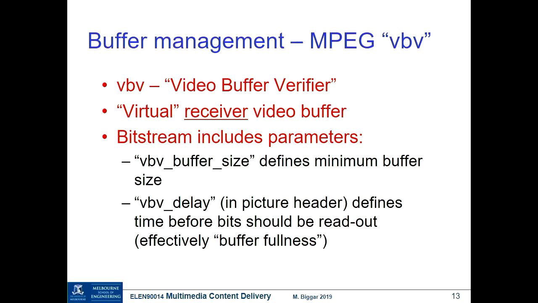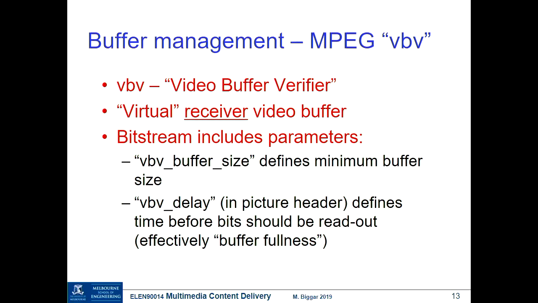So we simply tell from the encoder to the decoder the VBV buffer size. This is saying that the encoder tells the decoder, I assume you have at least this number of megabytes of buffer available. Okay?